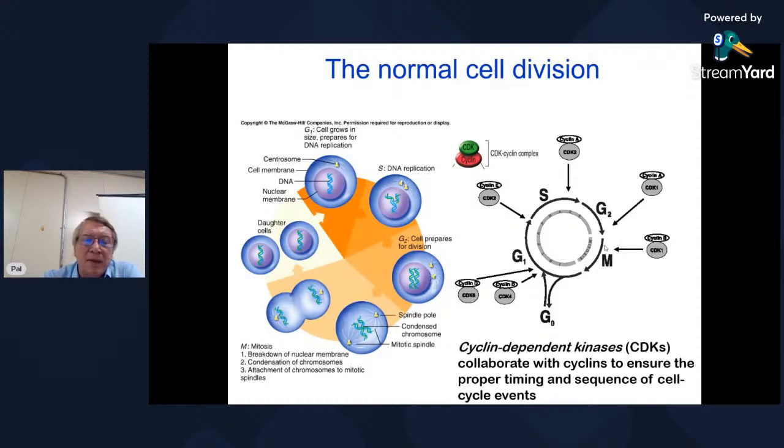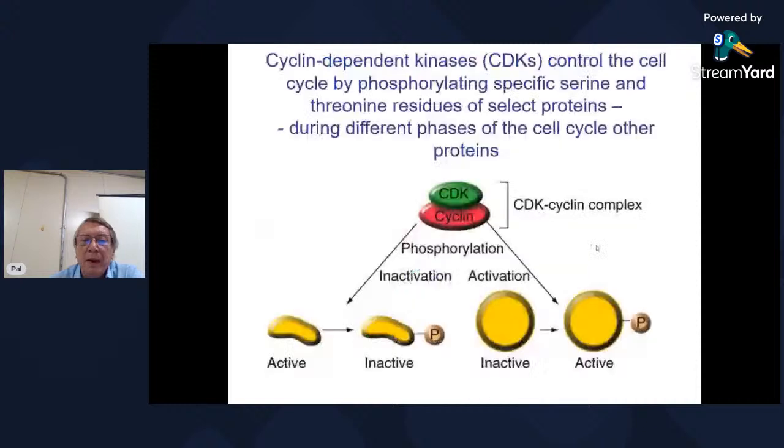In the cell, when this cell division takes place, at the border of each stage, cyclin-dependent kinases collaborate with cyclins to ensure the proper timing and sequence of the cell cycle events.